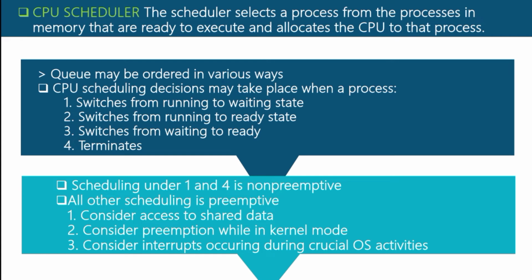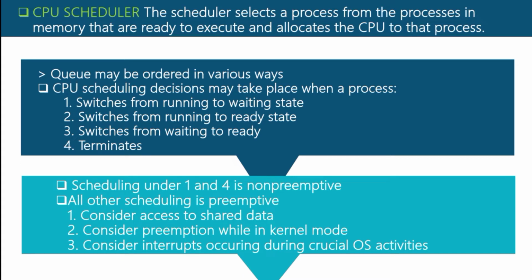Okay, so here the CPU scheduler is classified into two, and that is the non-preemptive and preemptive. Switches from running to waiting state, and also switches from running to ready state. Switches from waiting to ready state and terminates. This is what we consider non-preemptive. And there are some CPU scheduling algorithms that apply non-preemptive.